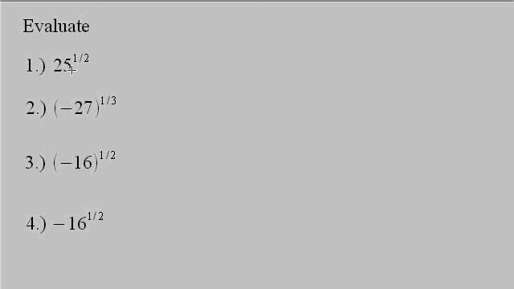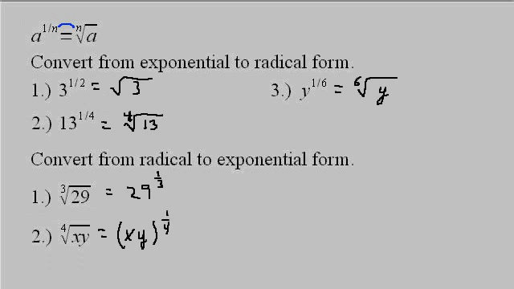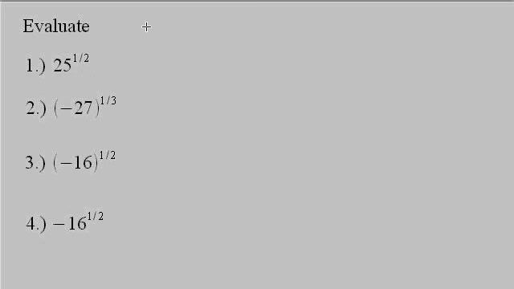So let's evaluate 25 to the 1/2. So we're going to use this form here. See, 1 over n. I have in my problem 1 over 2. So if we convert this, we get the square root of 25, which is 5.